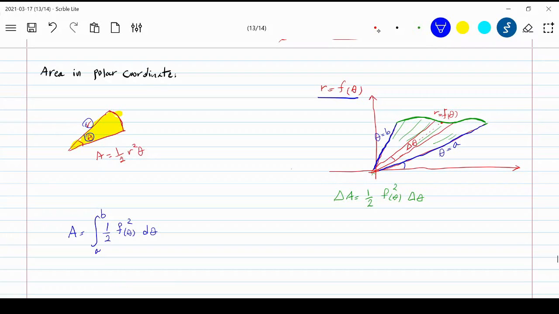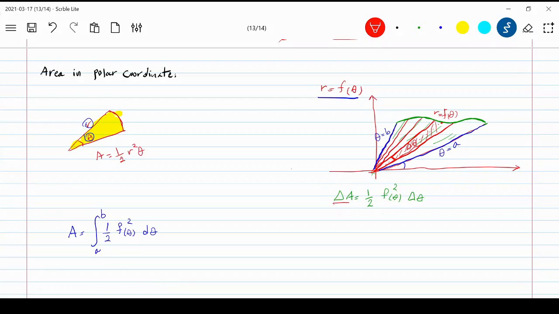What you should try to do is approximate, similarly to what you do in Calc 1. So we break it up into smaller sections, and in each section you calculate the area. So I'll divide this into multiple pieces, and in each piece I will try to approximate the area. If you look at the area for one of these sections, let's call this section delta A. So you're looking for this area.